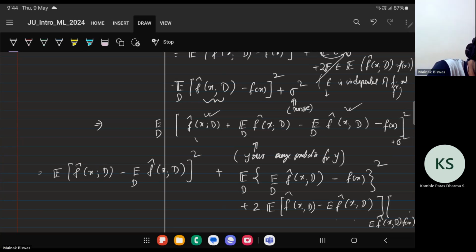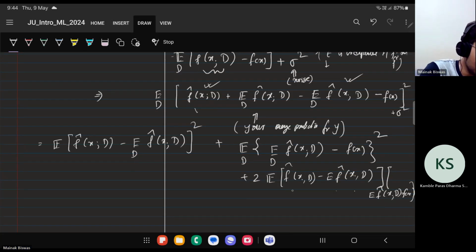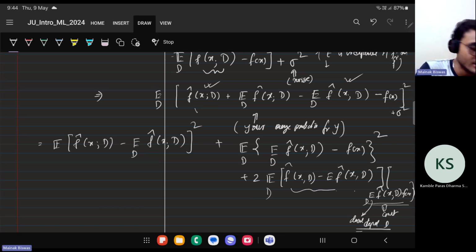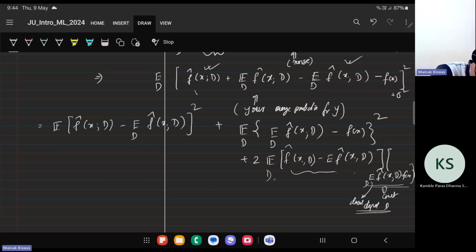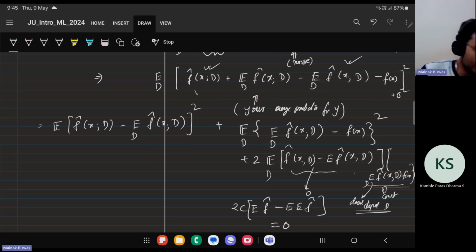See, this is a constant over the data set, and again, this is a constant. It does not depend on D, because the expectation is over D. So now this term becomes 0, because it is the expected value of f hat minus the expected value of f hat, which is nothing but 0.